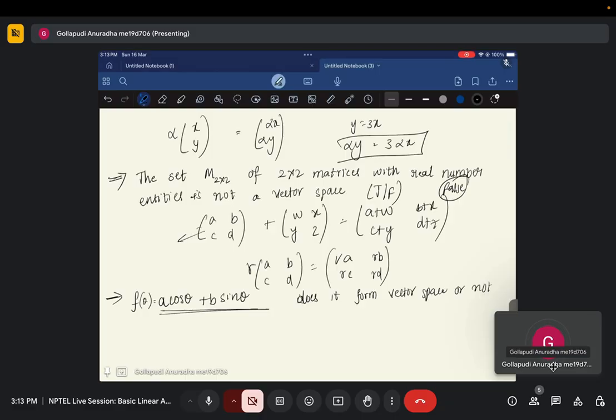It is a space containing all functions like this.